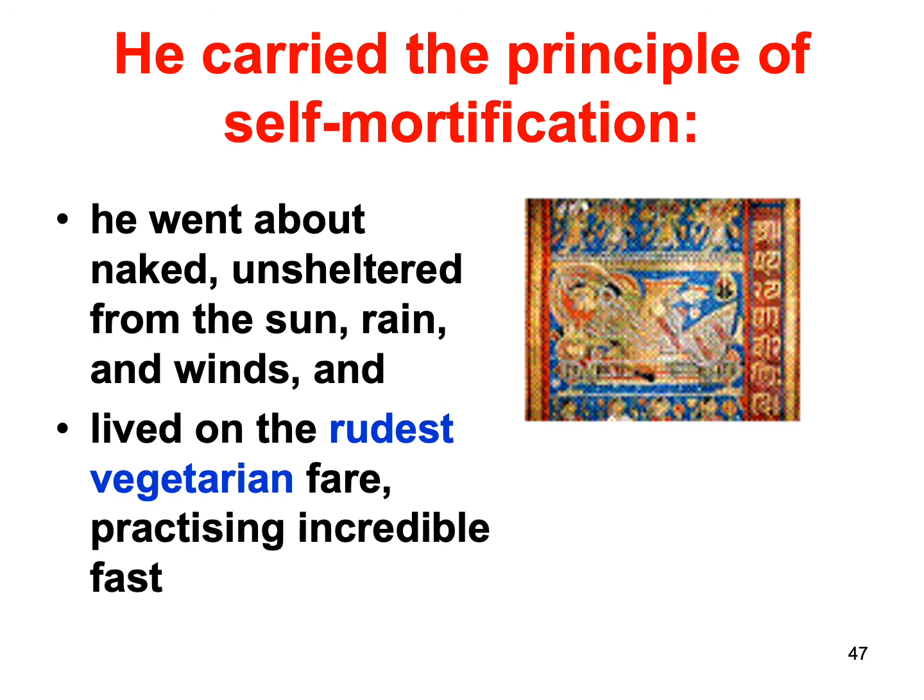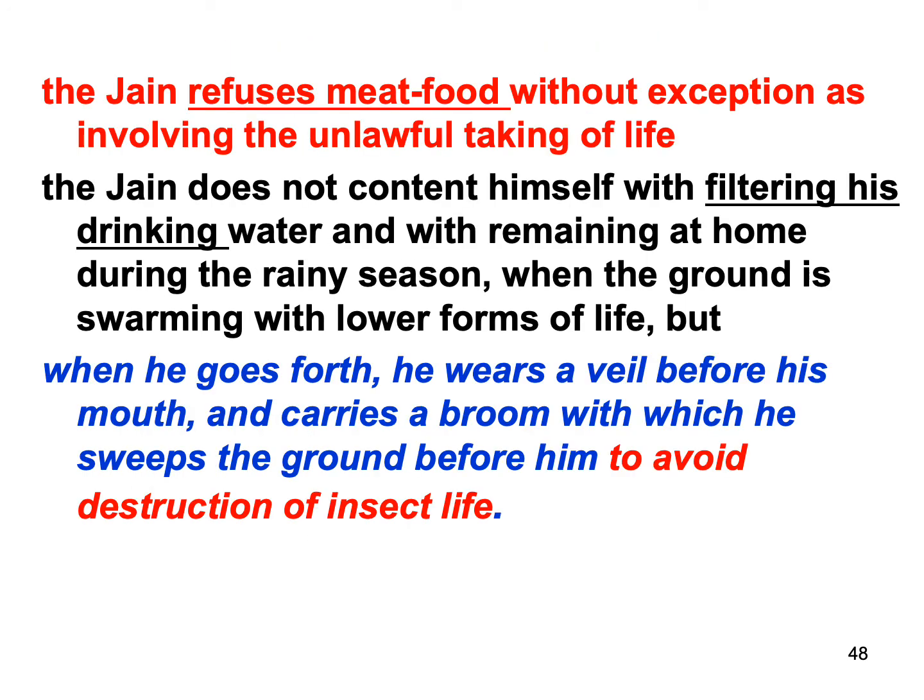And he lived 13 years in this way, and after came the enlightenment. The Jain refuses meat food without exceptions as involving the unlawful taking of life. You can imagine, a Jain is an extreme vegetarian, vegan, and climate-protective person.